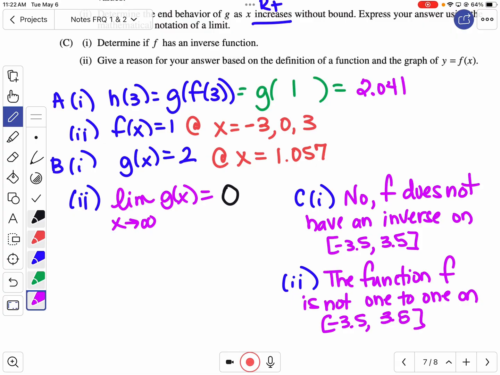That's the easiest way to say it. If it does have an inverse, we would say because the function is 1-to-1. So we think horizontal line test, but we say 1-to-1. Just as a reminder.